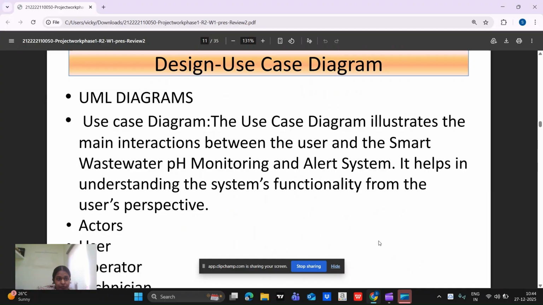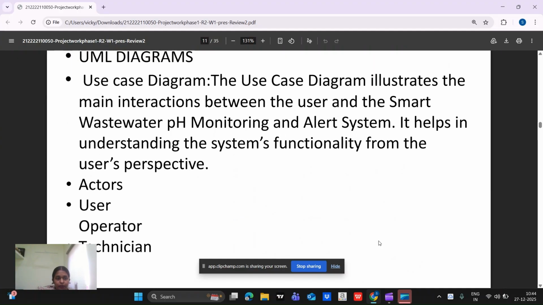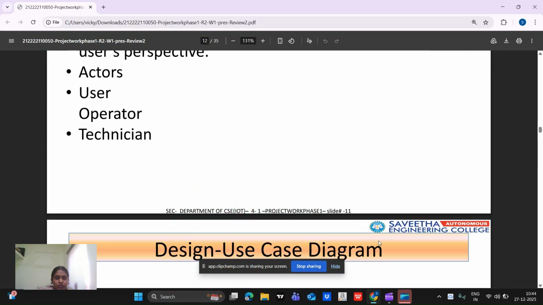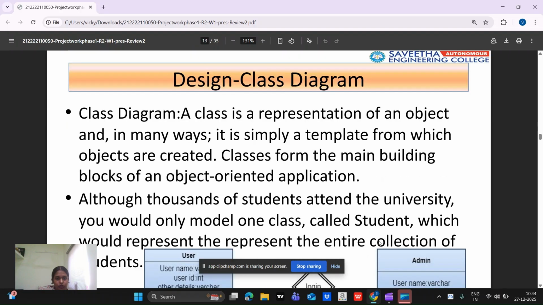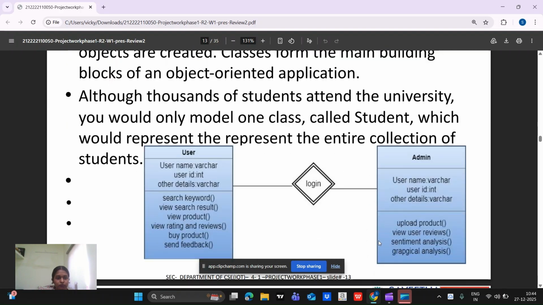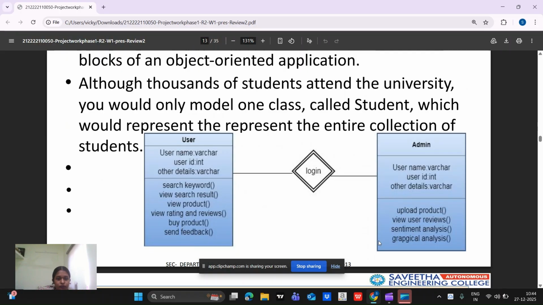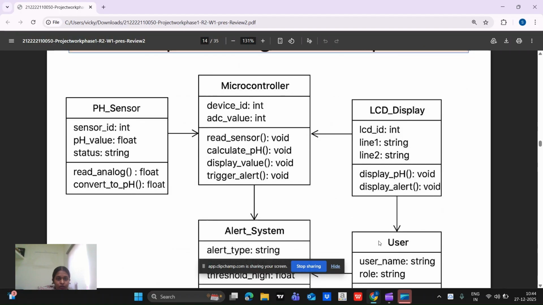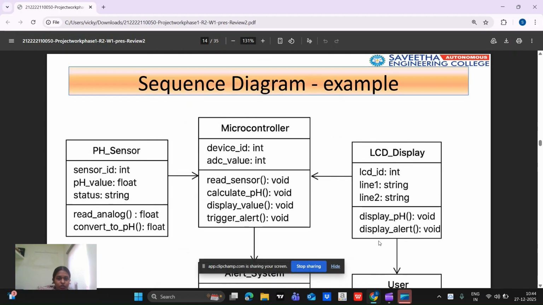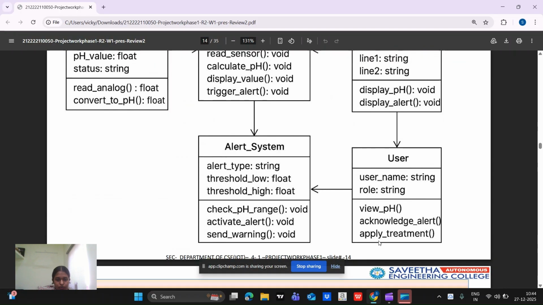Next is the design. We'll do the use case diagram. In this diagram, we will use actors: the user and operator technicians. This is the use case diagram used for our project. Class diagram, and this is the sequence diagram which we used in this project.